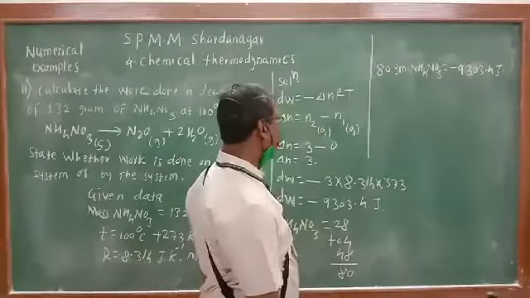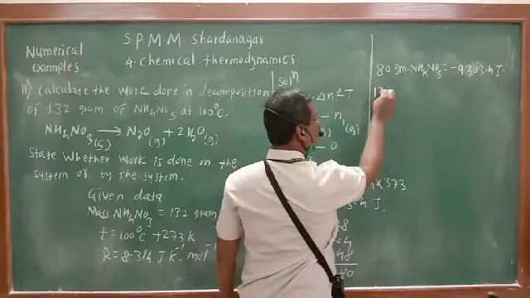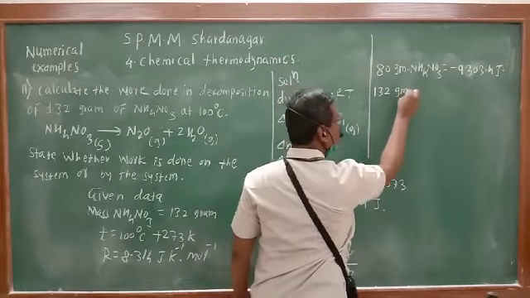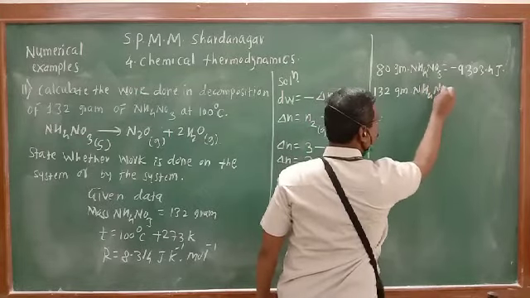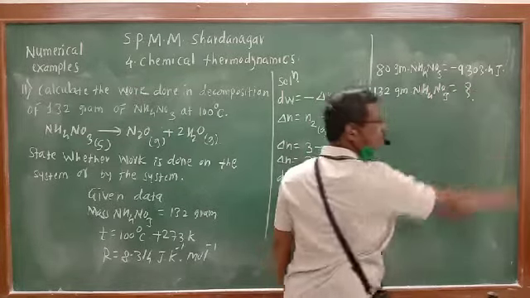And they have asked us to calculate for 132 gram of ammonium nitrate, NH4NO3, is equal to how much?